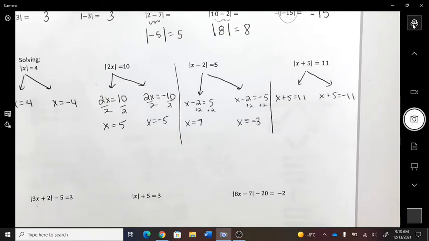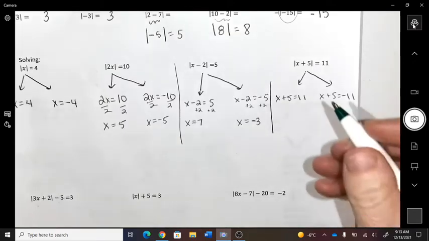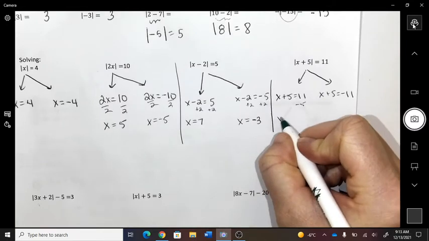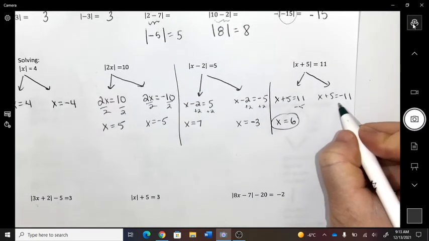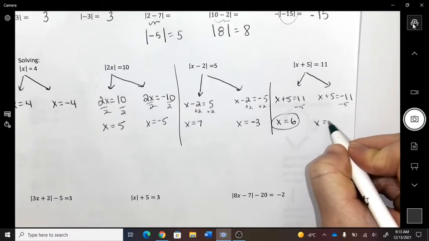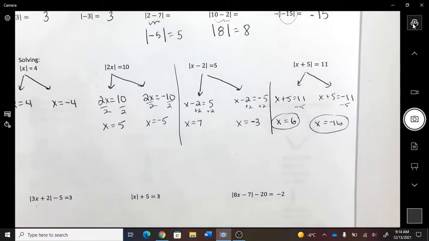Okay, so that's the split. So I'm going to subtract 5, so x could have been 6, or negative 16.